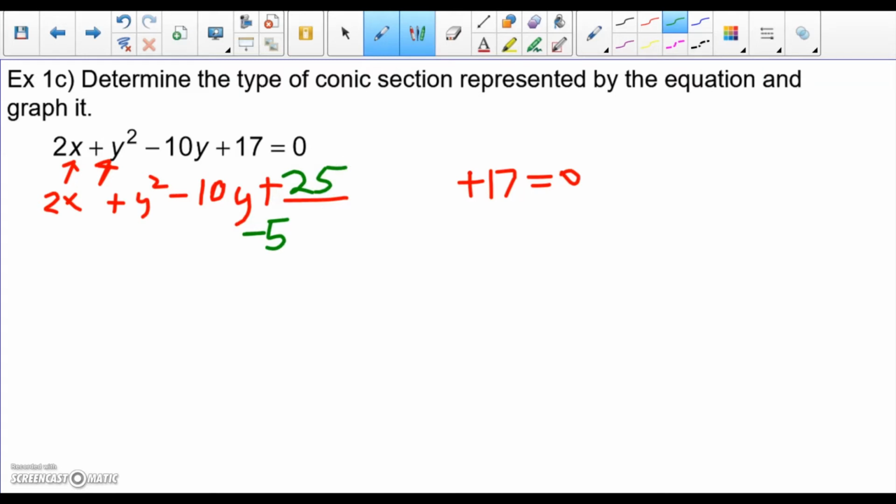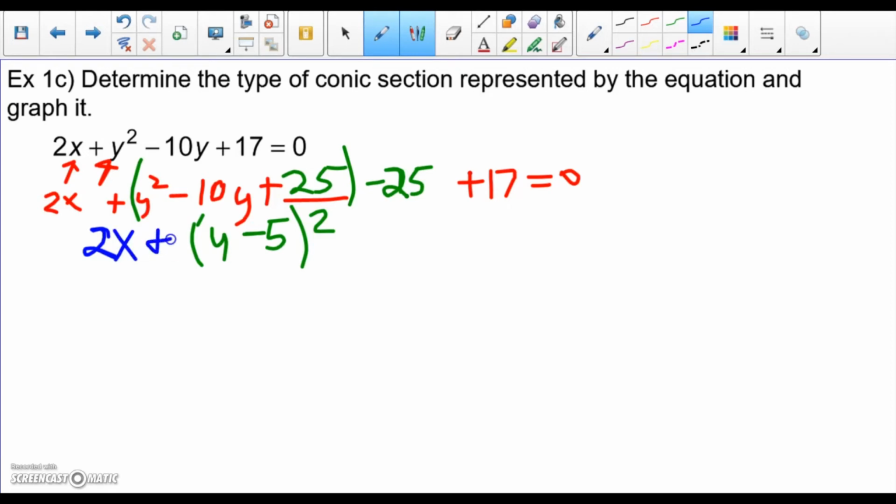I just threw my equation off by 25, so let's subtract 25. That square, y squared minus 10y plus 25, this part right here is y minus 5 squared. So let's just write down the rest of the equation. We would have 2x plus y minus 5 squared. And then put those two terms together, minus 8 equals 0.